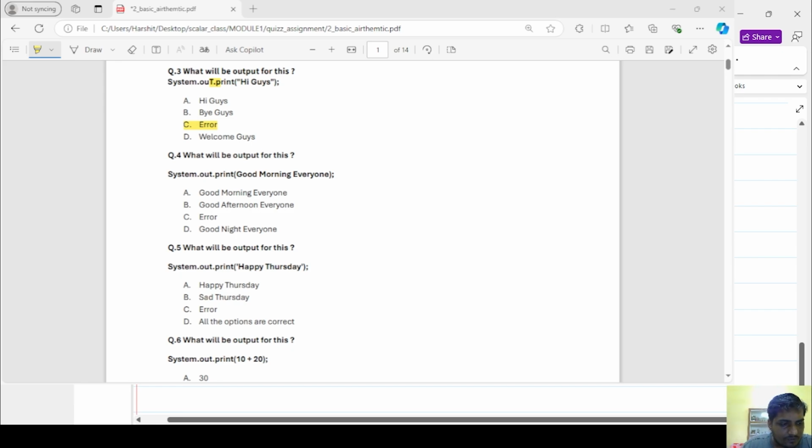The answer is C, error. Why error? Because Java is case sensitive. And why is it case sensitive? Because T is not defined. In the previous question, small s is not defined.